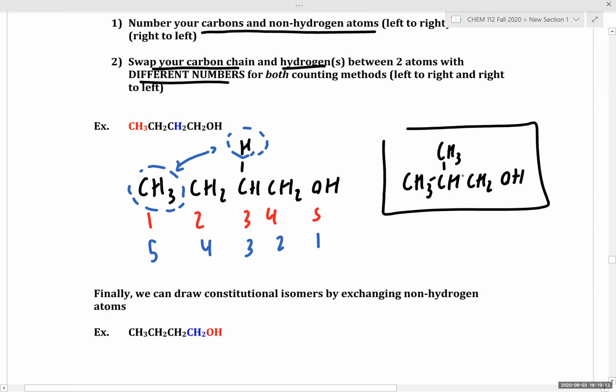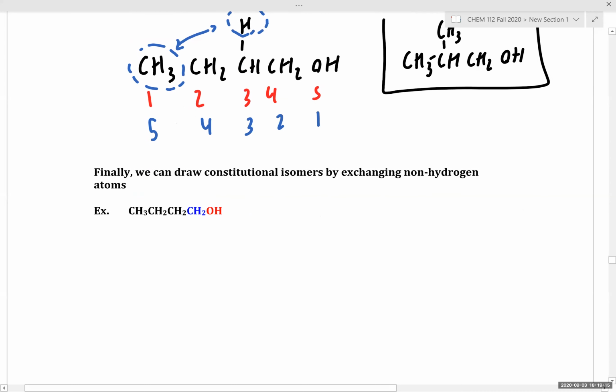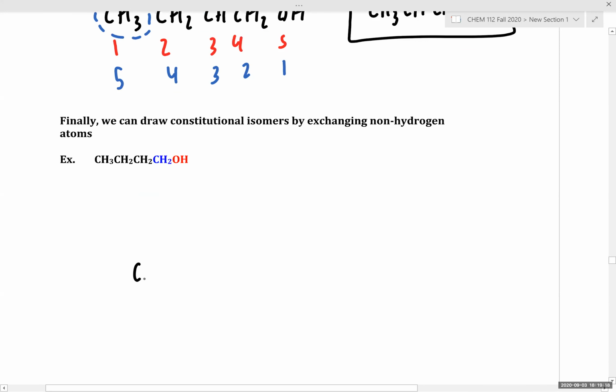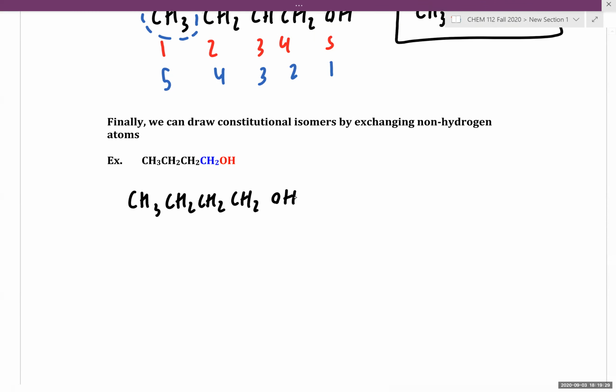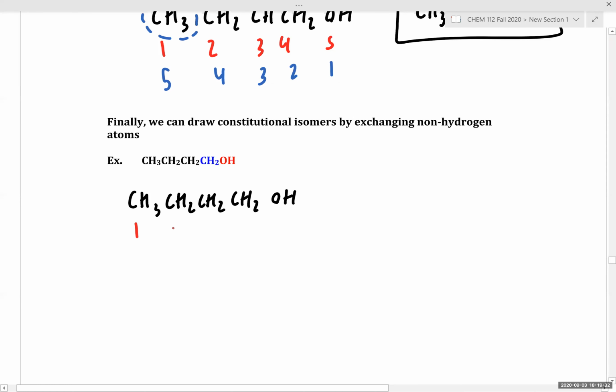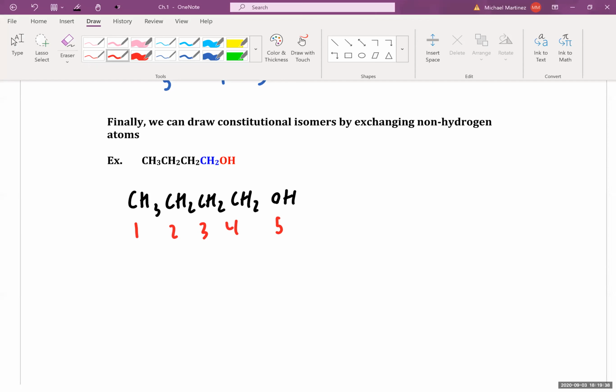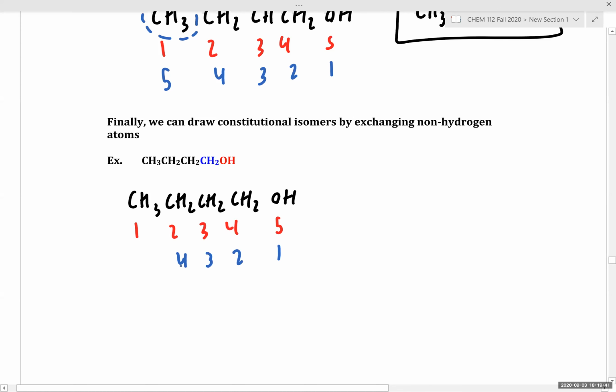What's also pretty cool is that you can exchange your non-hydrogen atoms as well. To showcase the application of that, if we have CH3, CH2, CH2, CH2OH, and we number our atoms, we can just as easily swap this carbon with our oxygen.